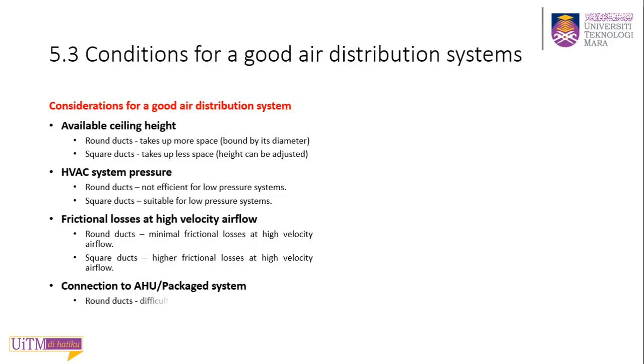For connection to the AHU or package air conditioning system, round ducts are difficult to connect to the main duct of the air handler, while square ducts can be easily connected to the main duct of the air handler.